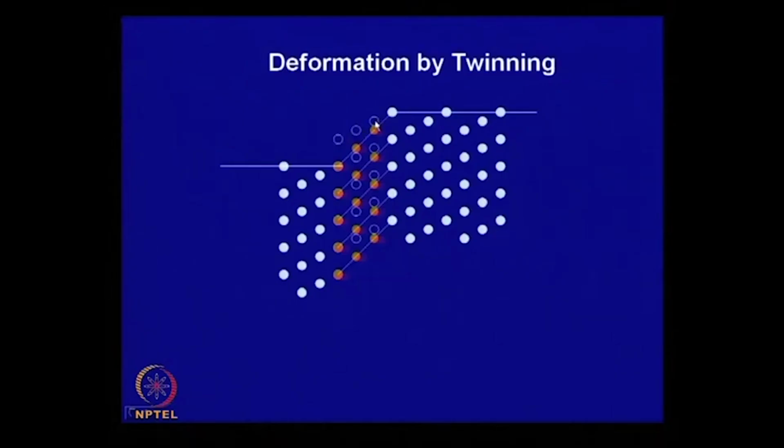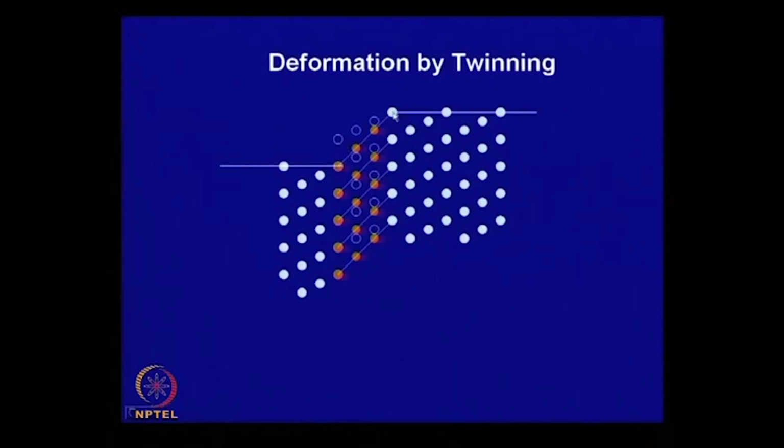Here this atom moves here, this moves a little more distance, this moves still more distance, and this distance is the same as the original lattice point. So basically this one moves 1/3 of the lattice spacing in this direction, this atom moves 2/3, and this moves 1 lattice distance.